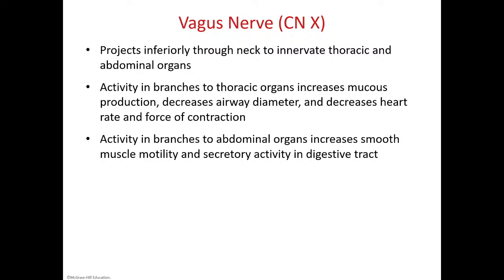All right, so the vagus nerve, cranial nerve 10, we mentioned, it projects inferiorly through the neck to innervate the thoracic and abdominal organs. We see activity in branches of the thoracic organs will increase mucus production, decrease airway diameter, basically constrict the airways, and decrease the heart rate and force of contraction.